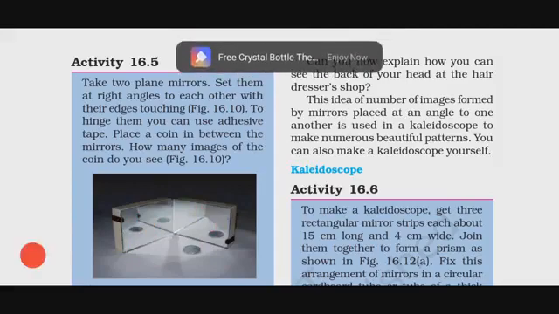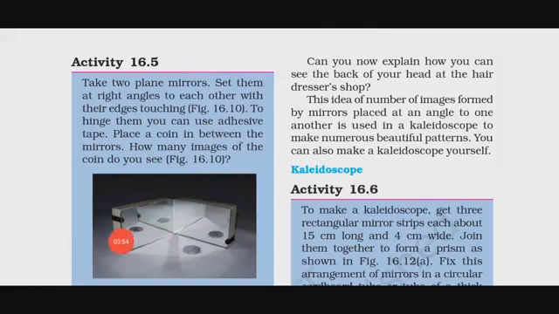You have to tie them together so that they are at 90 degrees to each other. Here, this is the 90-degree angle. Then you place a coin in front of these two mirrors which are joined together, and you will see that multiple images are formed.